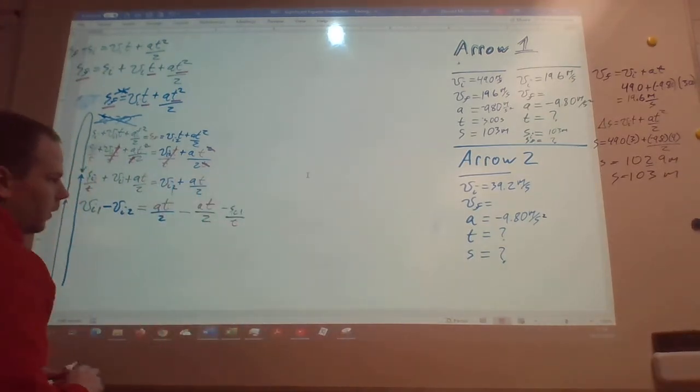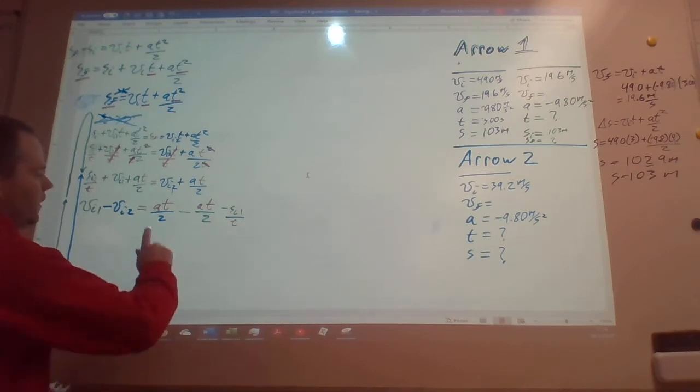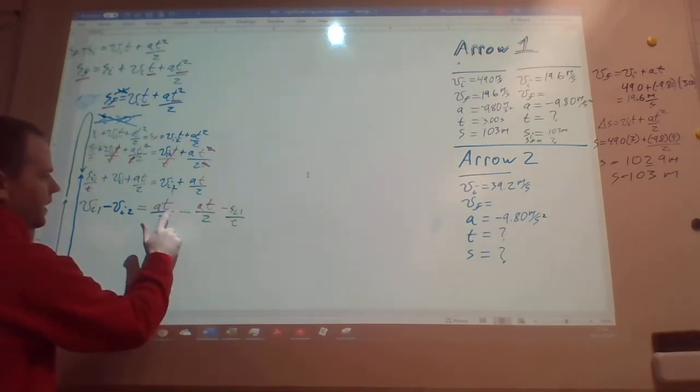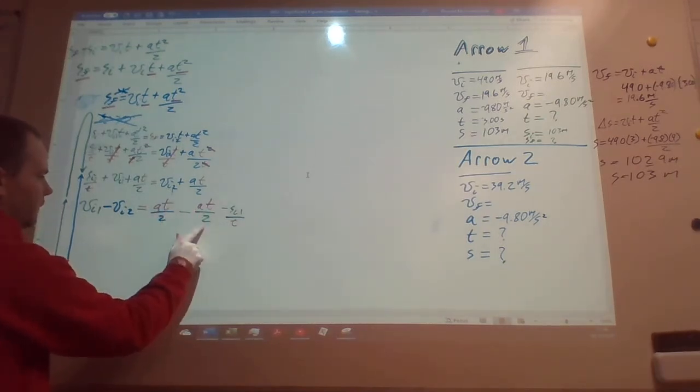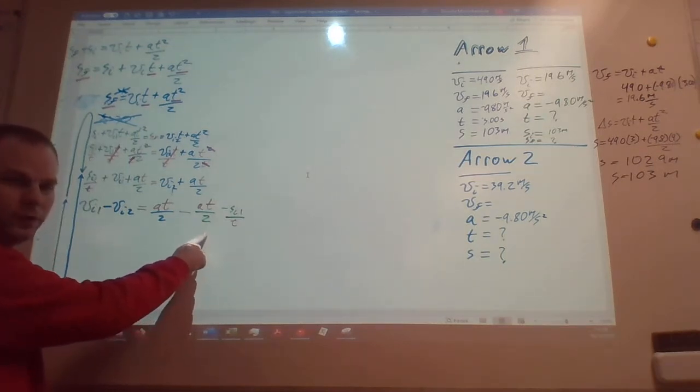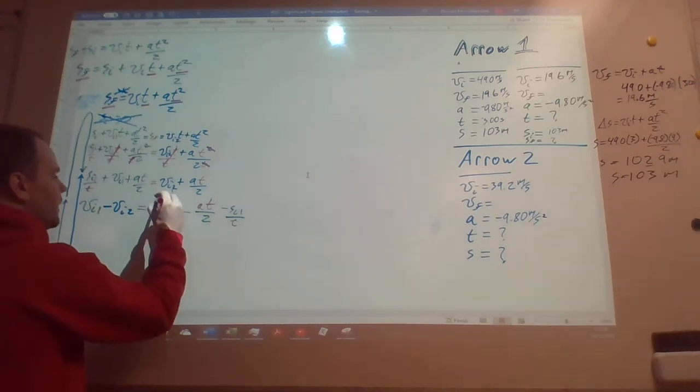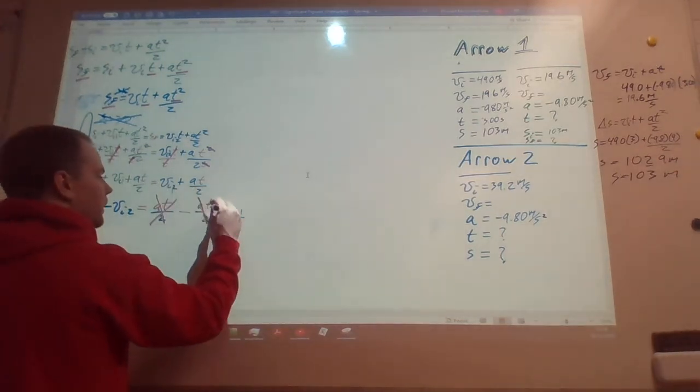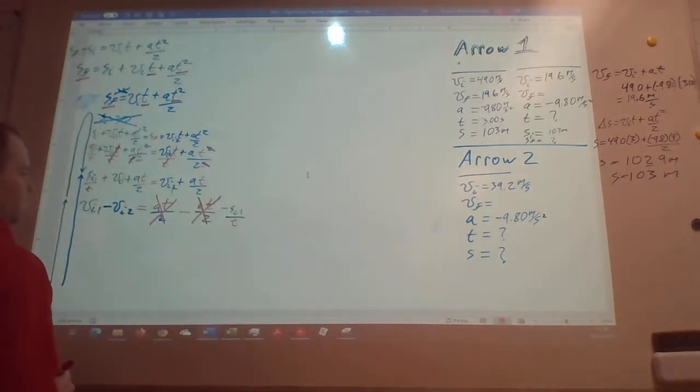Now, we know that the a and the t here are the same, and the 2 is the same. What's 5 minus 5? Well, it's 0. So these two terms will cancel each other out.